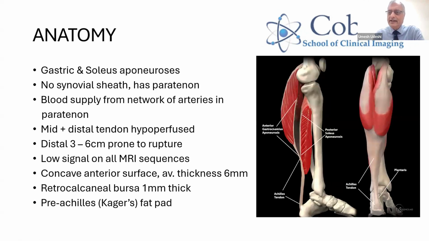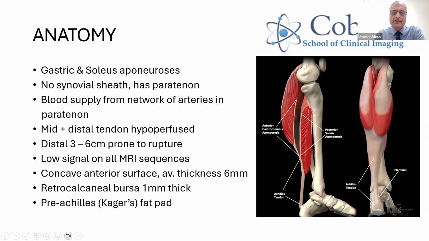So first of all, just some anatomy revision. The Achilles tendon is formed from a fusion of the gastrocnemius and the soleus muscles' aponeuroses, as you see in this diagram on the right. That forms the Achilles tendon, which inserts on the calcaneum. There's no synovial sheath for this tendon, but it has something called a paratenon, a layer of connective tissue.